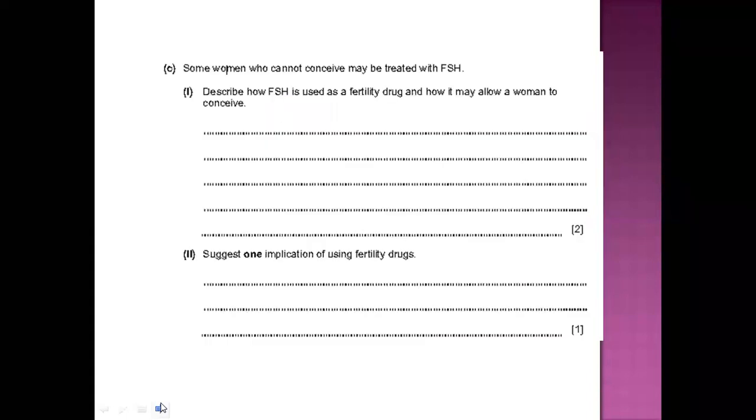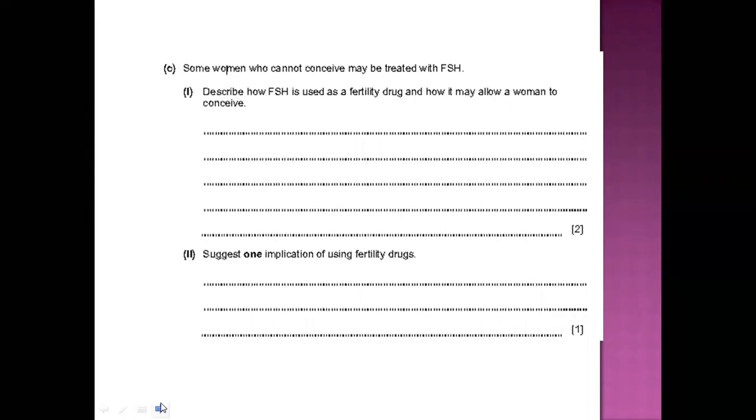Some women who can't conceive may be treated with FSH. Some women have a problem developing an embryo; conceive means to fertilize and develop an embryo. They may be treated with follicle stimulating hormone. It is a fertility drug.